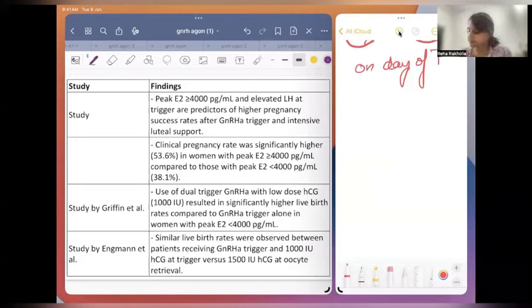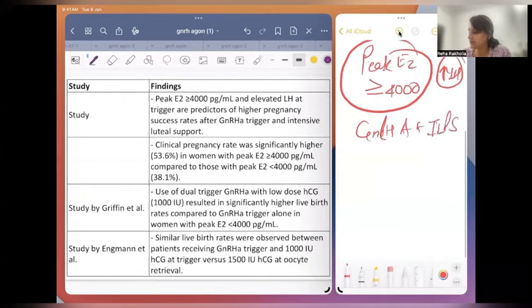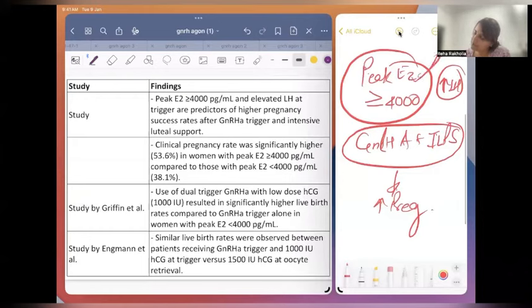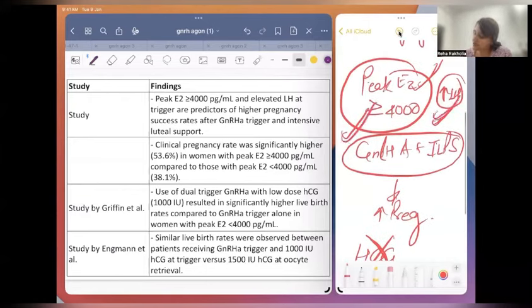Now, peak E2 level. If peak E2 is greater than or equal to 4,000 and there is raised LH, GnRH agonist plus intensive luteal phase support, pregnancy is more. If there is peak E2 and LH, we don't need to give HCG. Only GnRH agonist with luteal phase support.